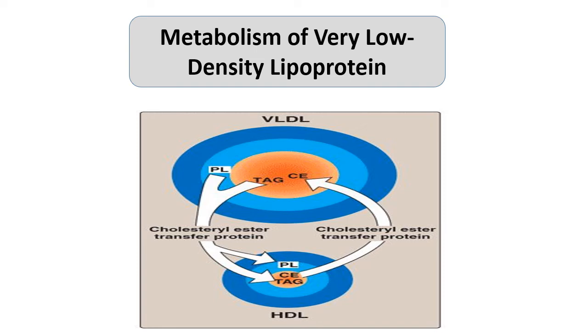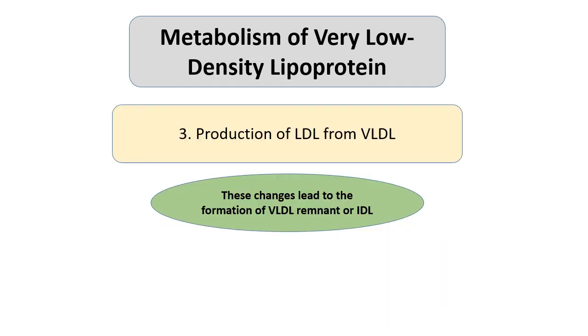This exchange is accomplished by cholesterol ester transfer protein, as you can see in the figure. These changes occurring to VLDL lead to the formation of VLDL remnants or IDL, intermediate density lipoprotein.